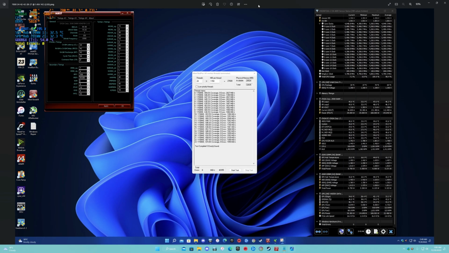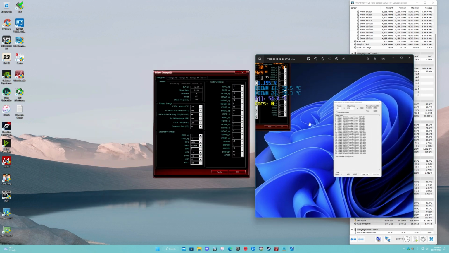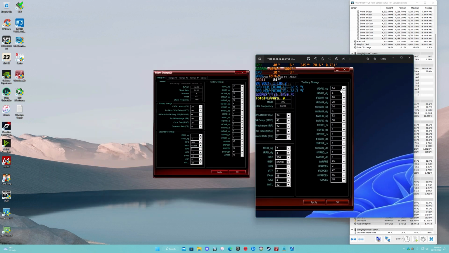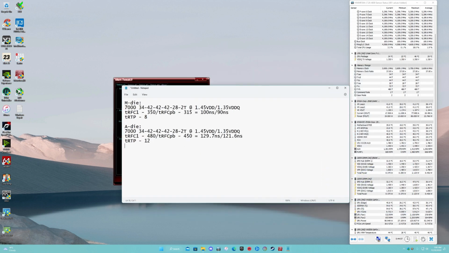So if I compare the two here, you'll see 14.8, 13.8, 20, 20, 18, 18, 14.8, 13.8, 58, 48, 60, 50. Okay, now why is that? I'm just going to say much tighter tertiaries.